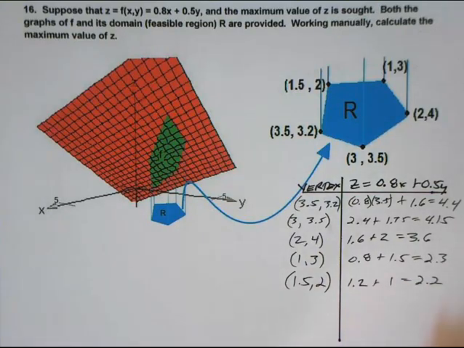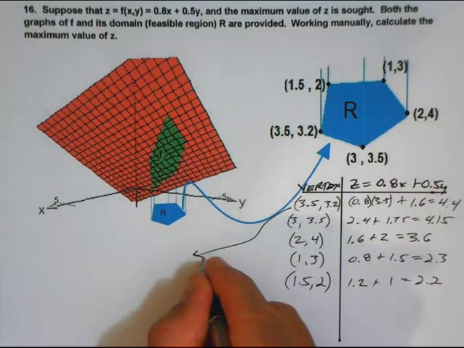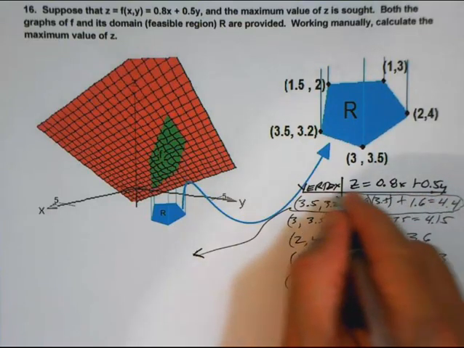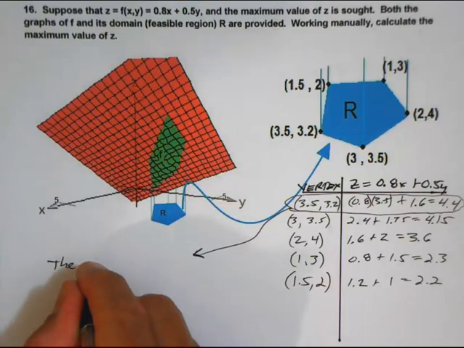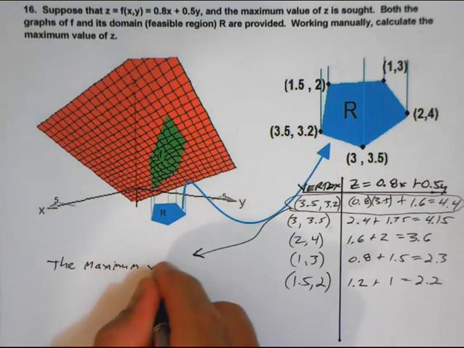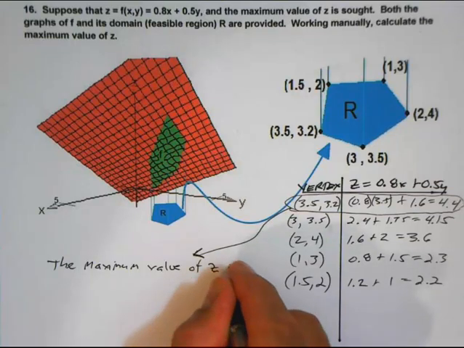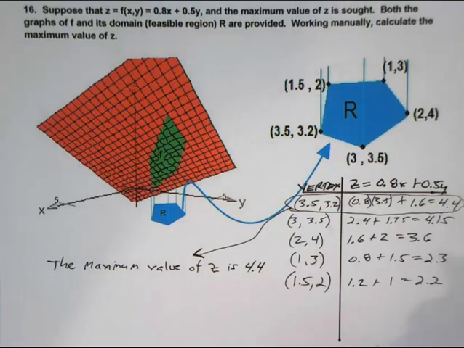Okay, let's look over the numbers here. We are seeking the maximum value. 4.4, this is it here. So, right here, the source of our conclusion, we could write the maximum value of z is 4.4. That actually answers the question as asked.